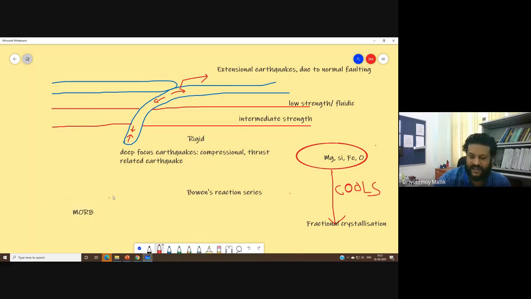MORB means mid-oceanic ridge basalt, completely saturated with magnesium, silica, iron, everything. So it's more like a mafic rock that comes out. But in the case of a subduction zone, what happens? This magma gets contaminated with the continental crust, and hence the amount of Si increases and it becomes more acidic.